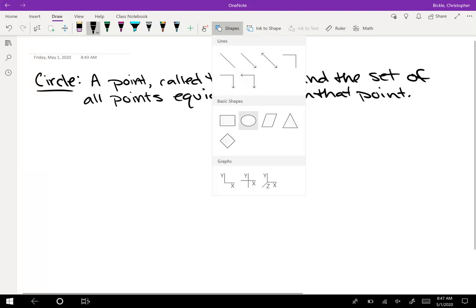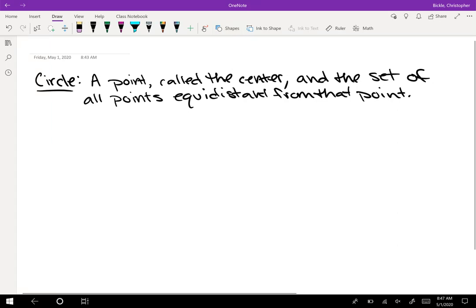When we draw a circle, you'll see it starts here with the center. As I pull that circle, every point is going to be the exact same distance away from that center.